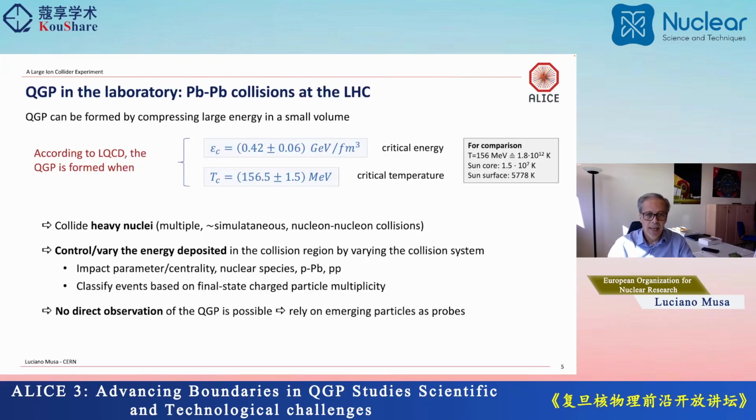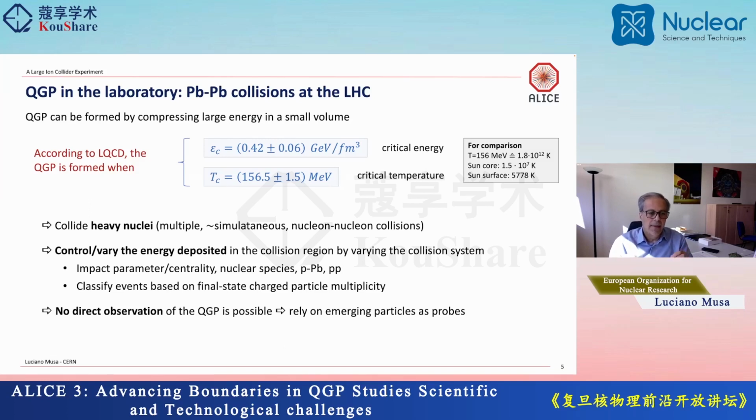And the obvious question is whether these collisions can indeed realize the conditions for the formation of a deconfined state of matter, which lattice QCD projects to be formed at values exceeding an energy density of 0.42 GeV per cubic Fermi, or a temperature of 156.5 MeV.